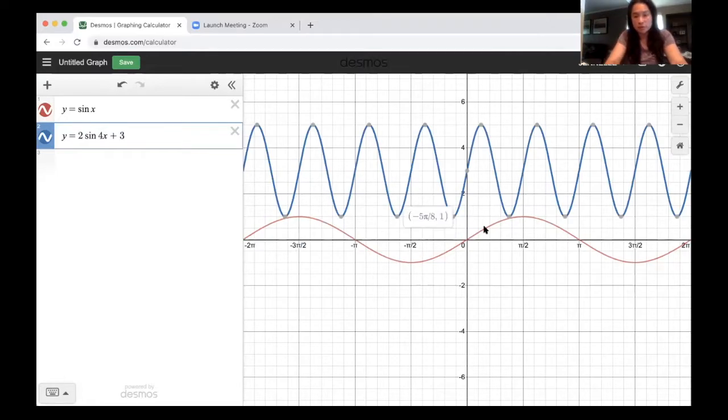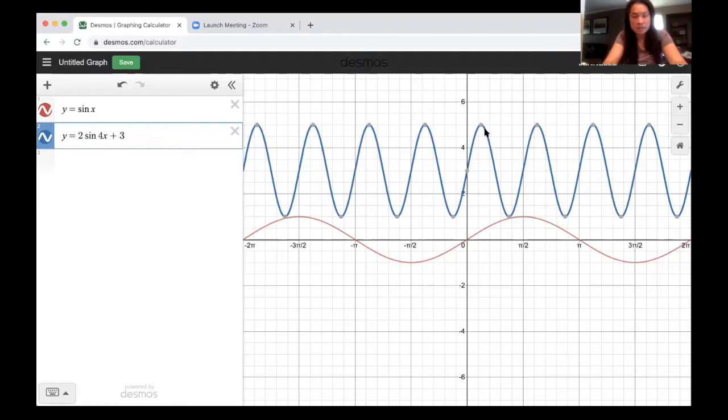Okay, so here's my original. Actually the easiest one to start with is going to be the plus 3. We look at the original at the origin, 0. This is where it starts for the sine function. And then it's going to move up 3, which you can see here, 0, 3. Now, 2 is again the height.